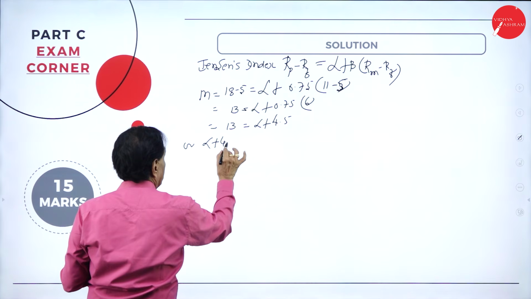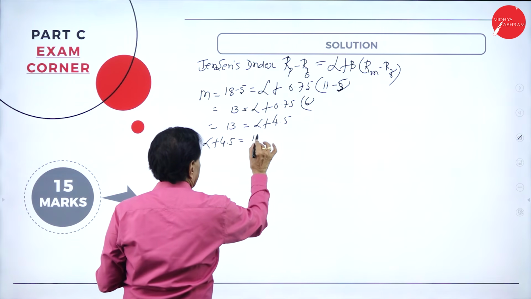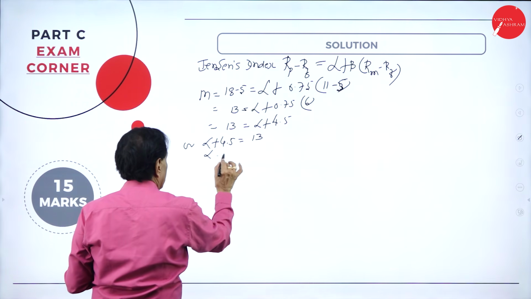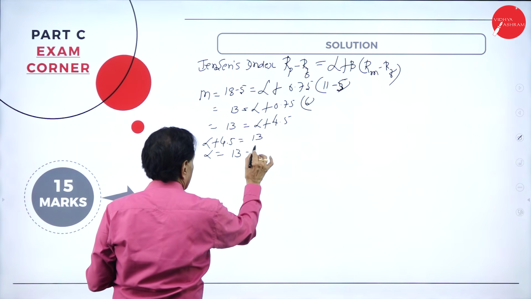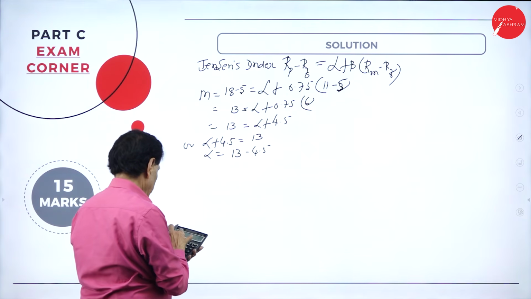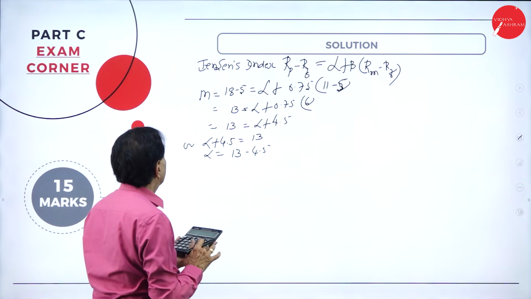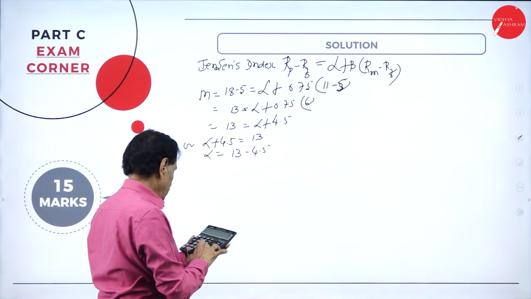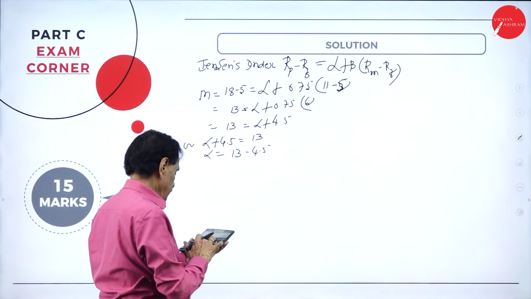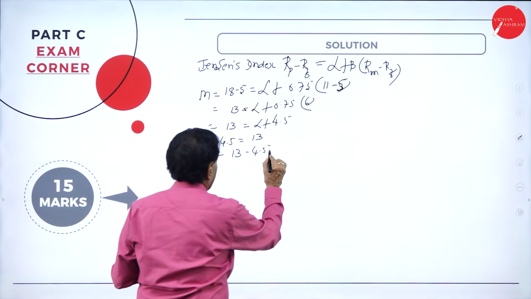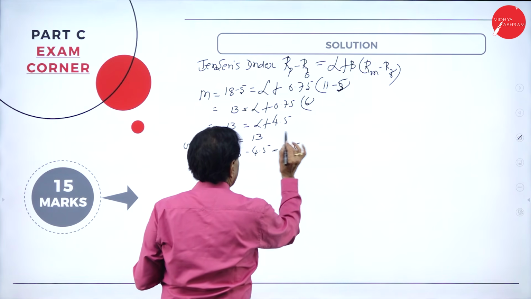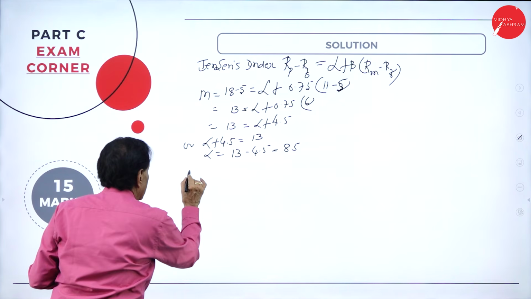Alpha plus 4.5 is equal to 13. Alpha is equal to 13 minus 4.5, which is 8.5. This goes to M.